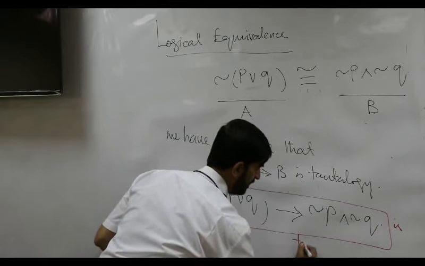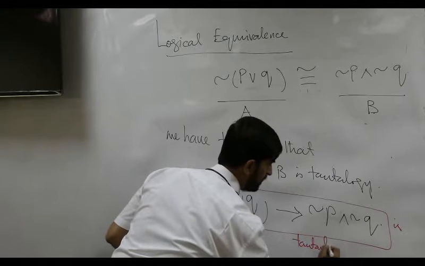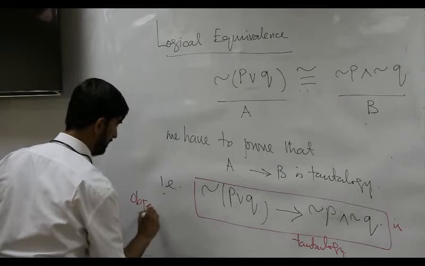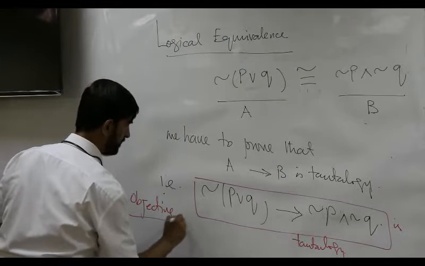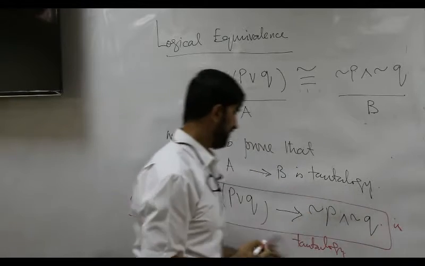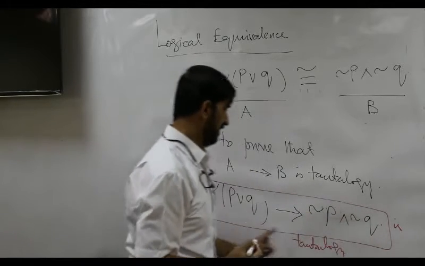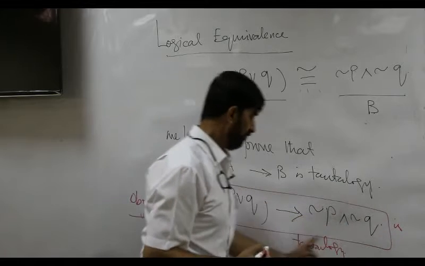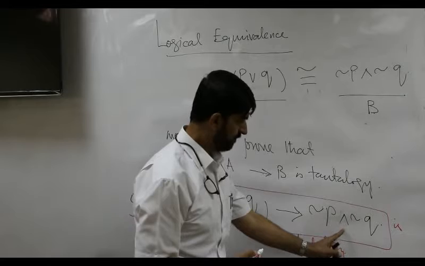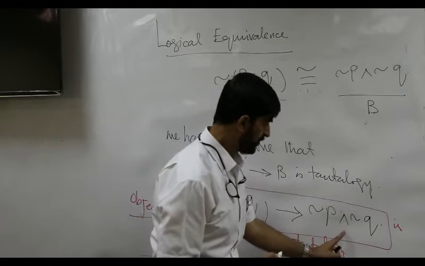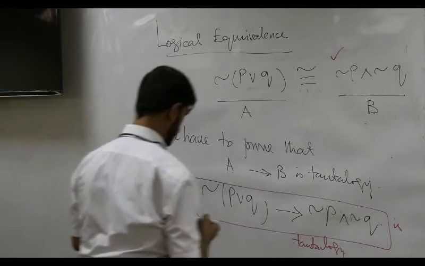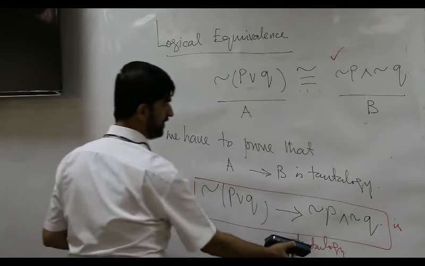If we are successful in proving that compound proposition A implies compound proposition B is a tautology, then both will be equivalent. Now, how will we prove that this is a tautology?